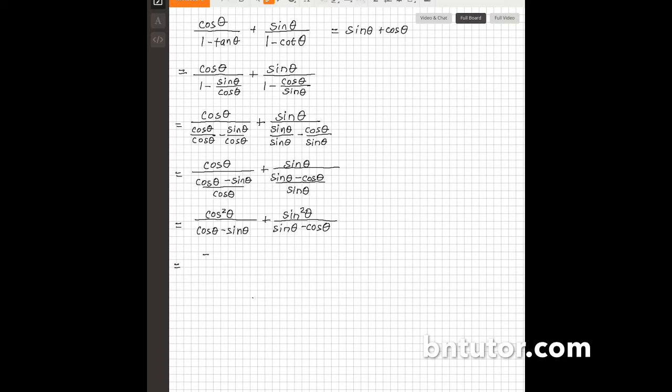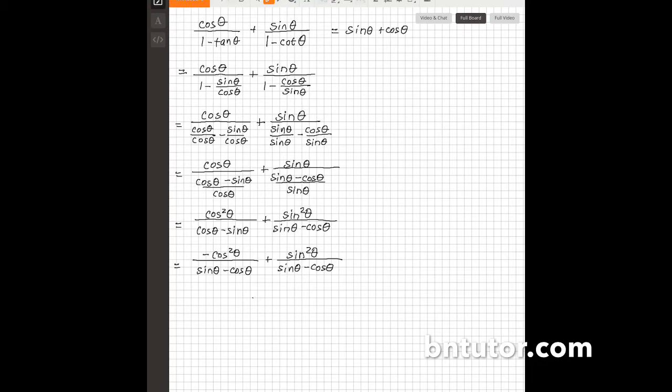There's an algebra trick that'll let us multiply the numerator and denominator of this first fraction by -1. That basically lets us change the signs of each one of the trig functions in the denominator. So the denominators of these two fractions both look like sine of theta minus cosine theta.